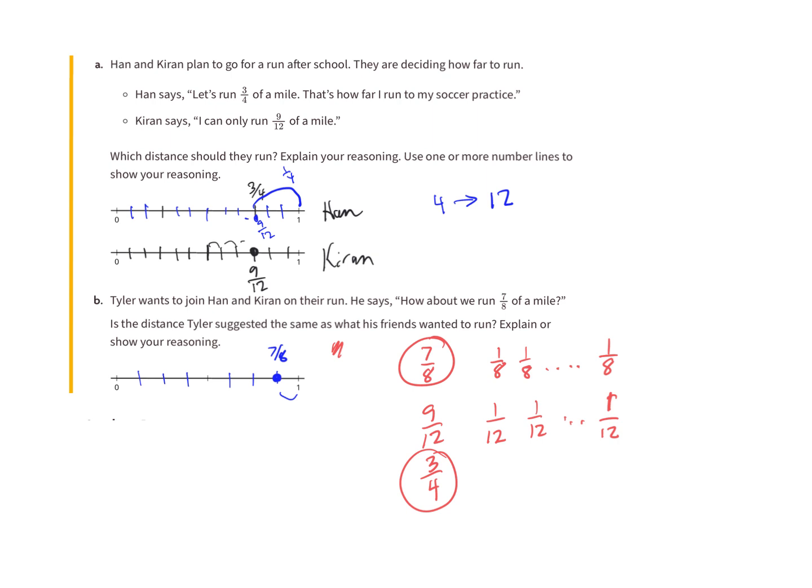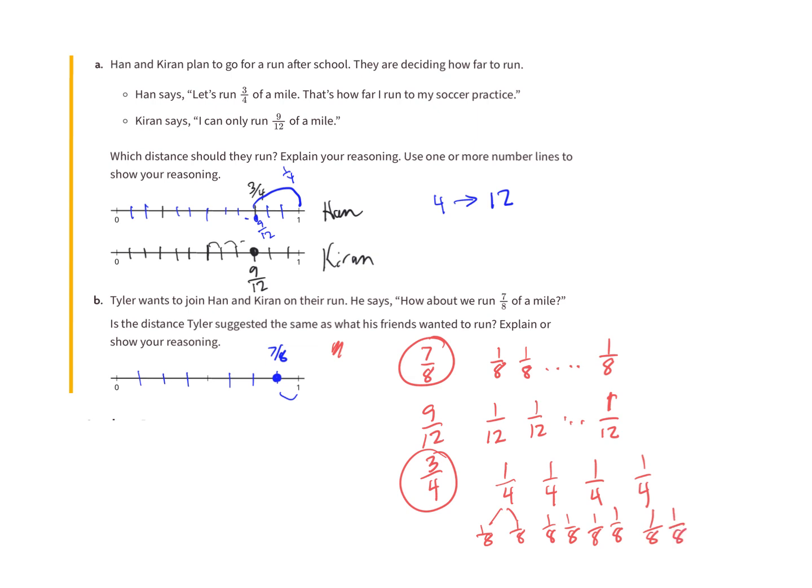If I know that 3/4 is a fourth, a fourth, a fourth, I could have then shown with the eighths, there's 8 of those, so 8 1/8s, so 2 per fourth. 1/8, how many do I have? 4, 5, 6, 7, 8.